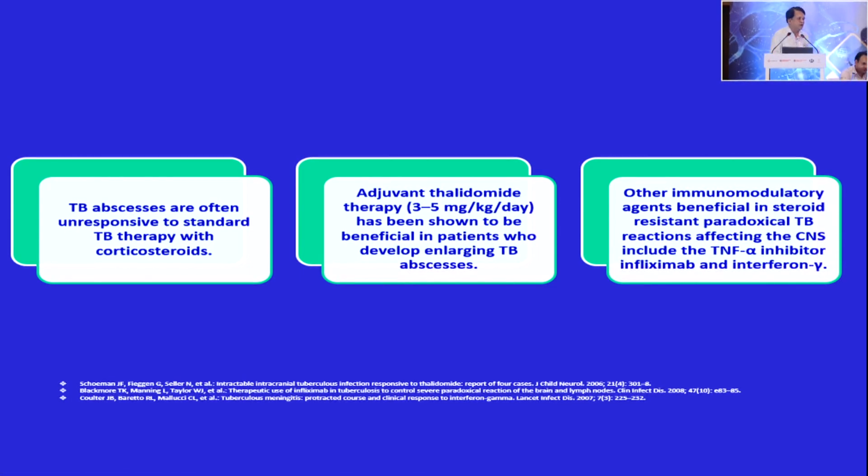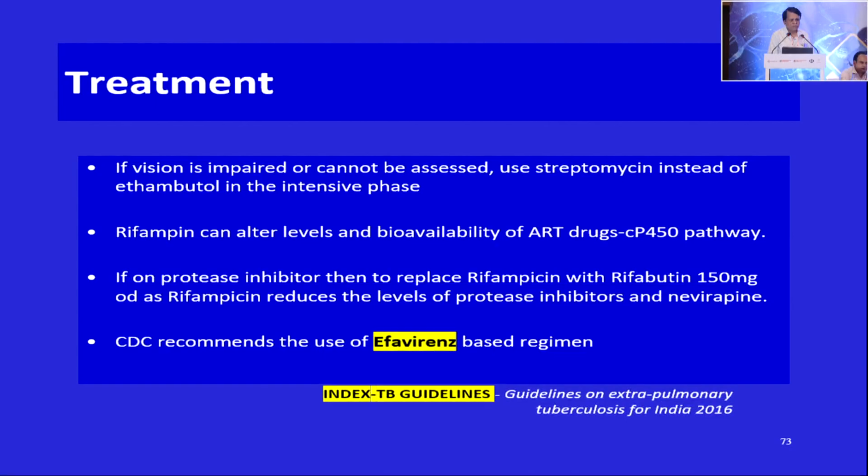Now we have to bring it back, especially in those TB abscesses which are not responsive to the treatment. Other immunomodulatory agents may be beneficial in steroid-resistant paradoxical TB reaction, and that could be a TNF-alpha inhibitor like infliximab or interferon gamma.